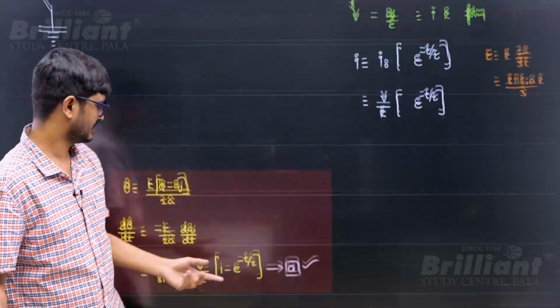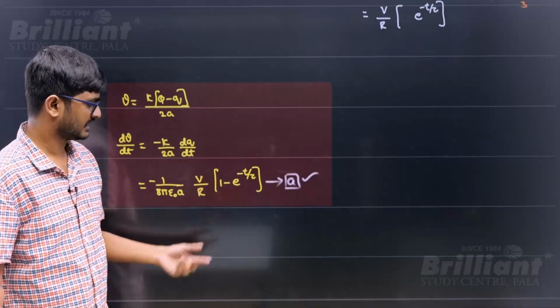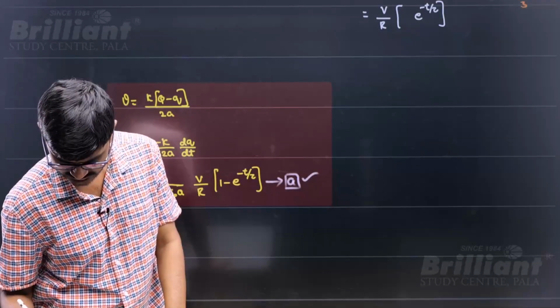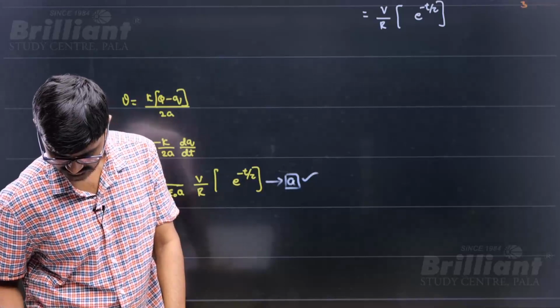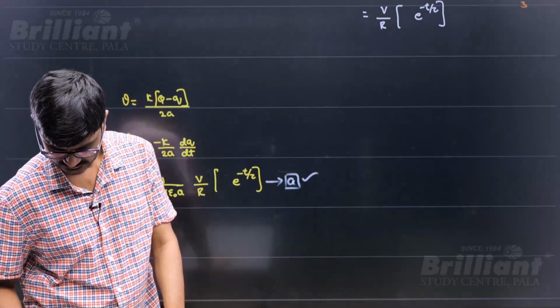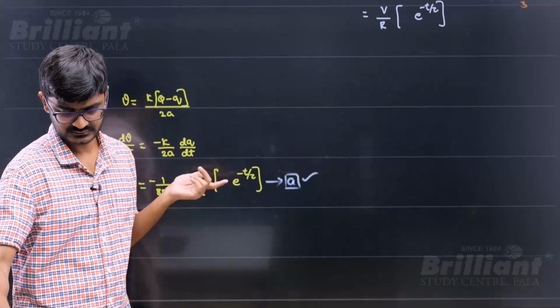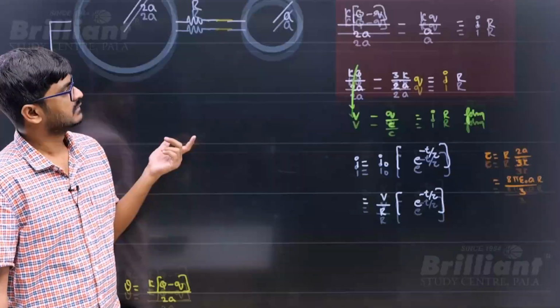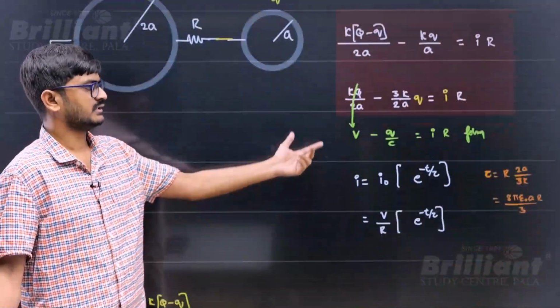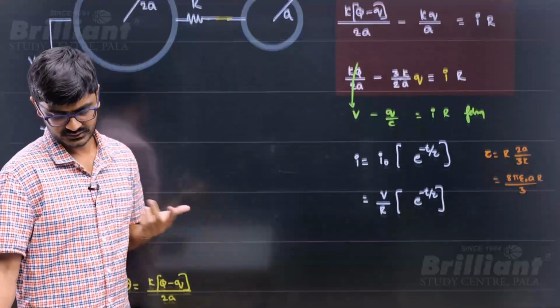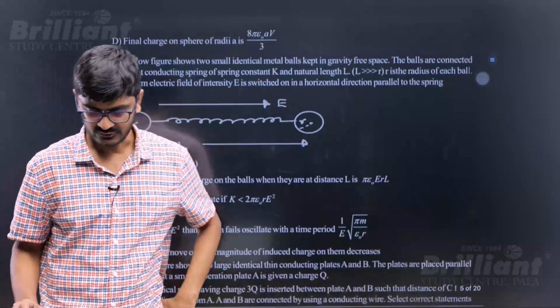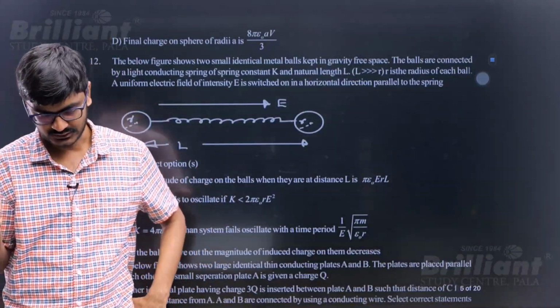You can find it from here and substitute here, right? Then I think you will end up with the answer. You can integrate it if you want, or else you can compare with your well-known equation and solve for it.